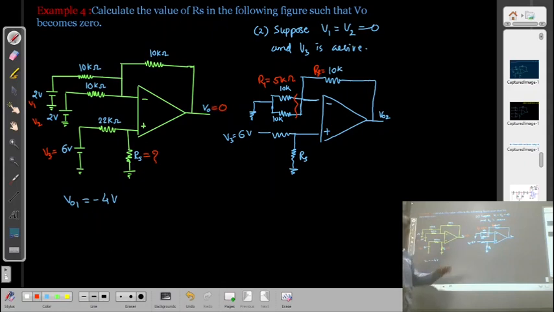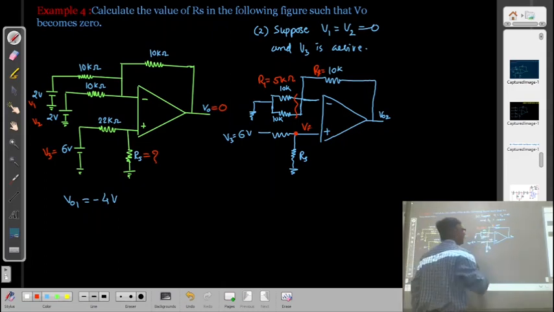Then now it is simply a non-inverting amplifier with the input voltage of VA. Remember. So we have to find out what is the potential VA.